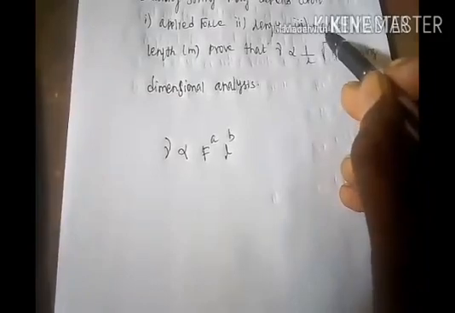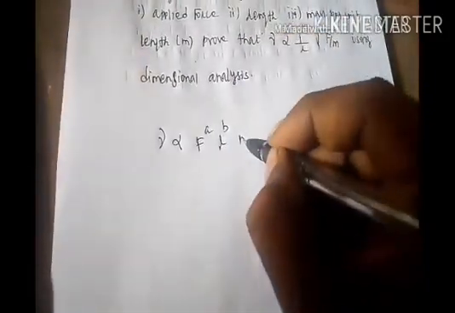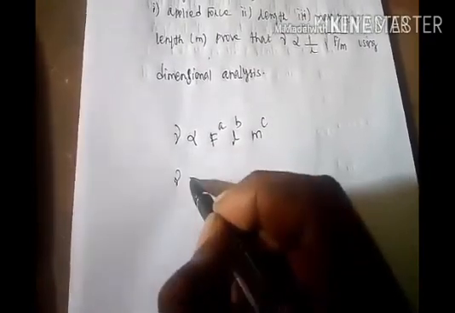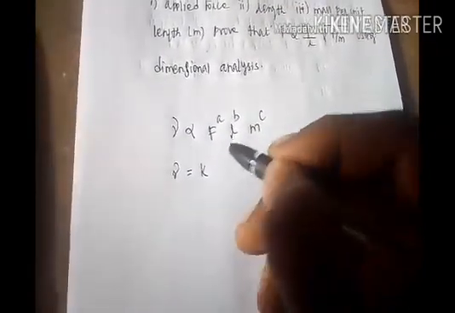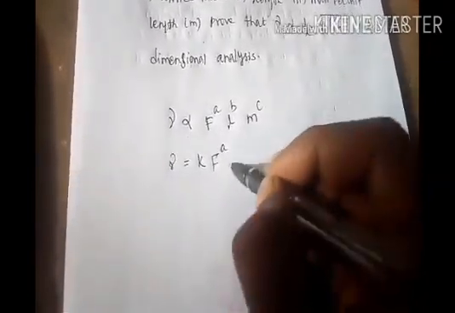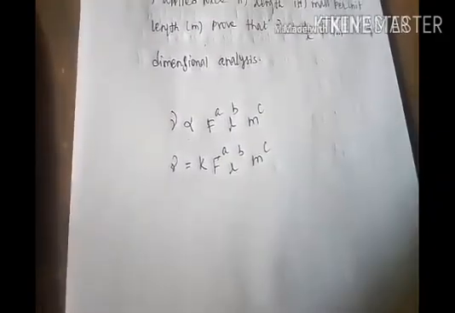Then it depends on mass per unit length, that is m, so we will write m power c. Whenever a direct proportion is converted into equal form, you will introduce some constant. That constant is k. So we have F power a, L power b, then m power c.